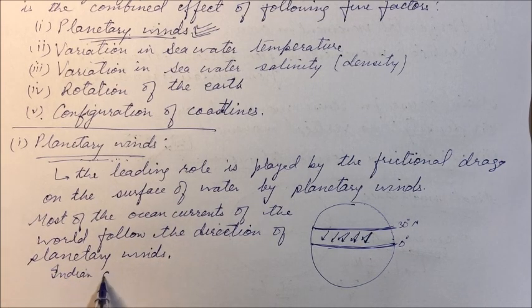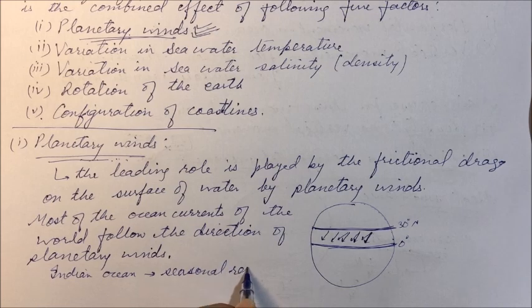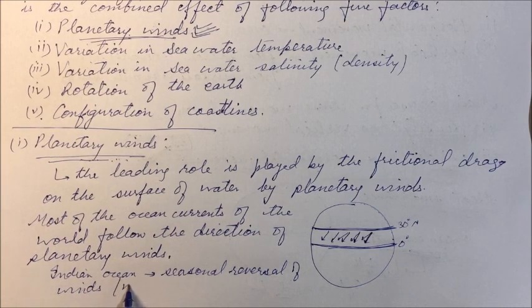In the Indian Ocean, when the seasonal reversal of winds takes place, that is monsoon, seasonal reversal of winds. So in the Indian Ocean, when seasonal reversal of winds takes place, the ocean currents as well get reversed.